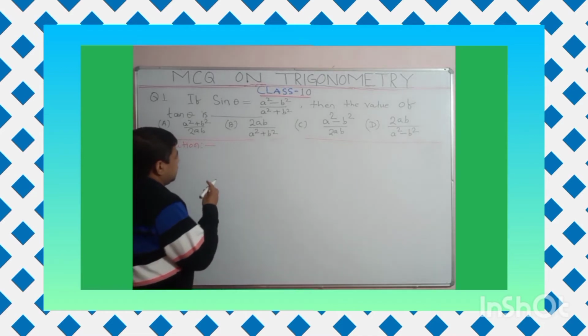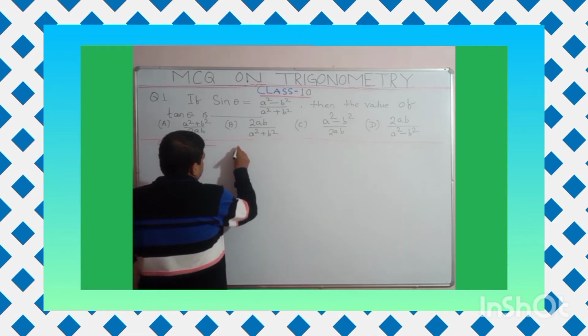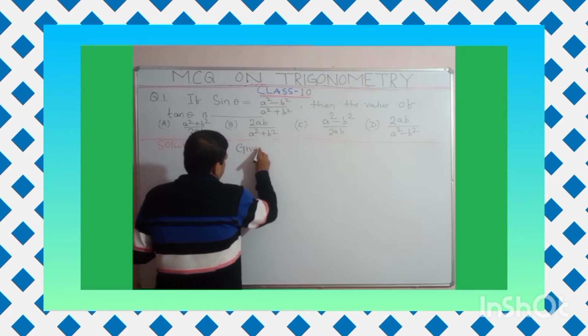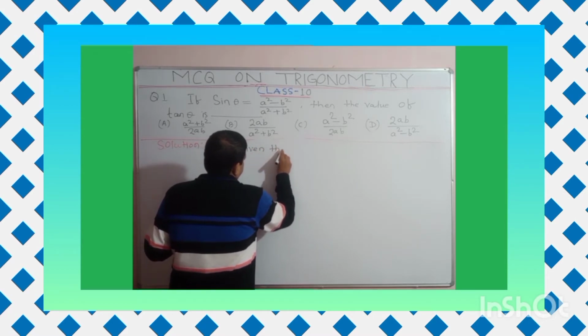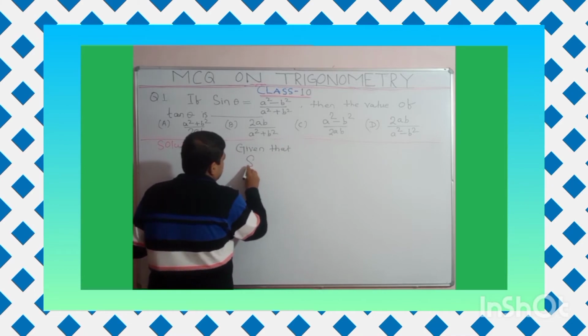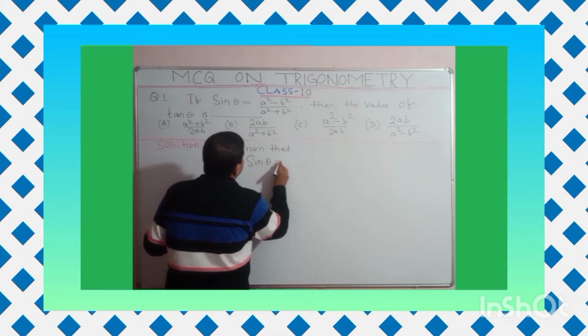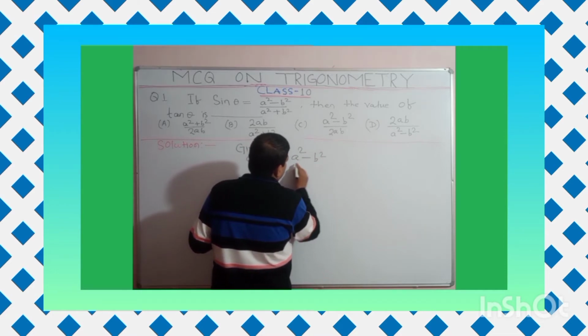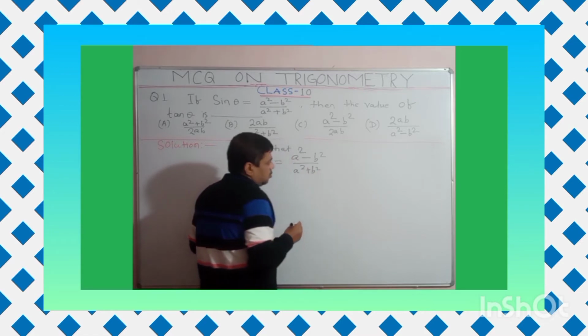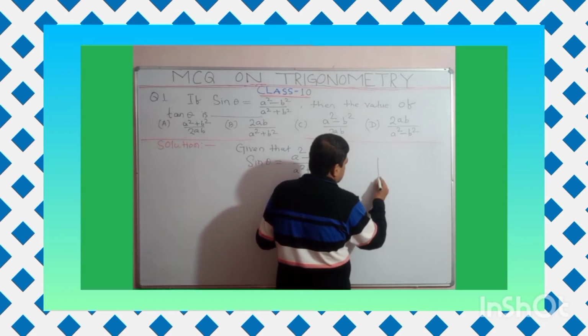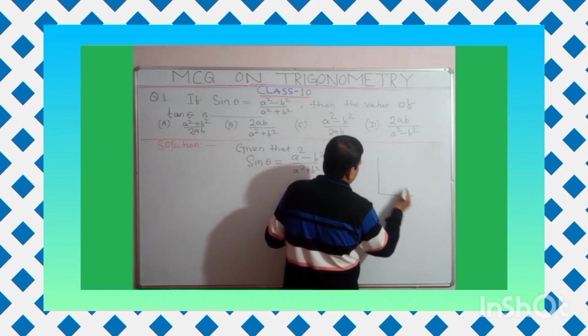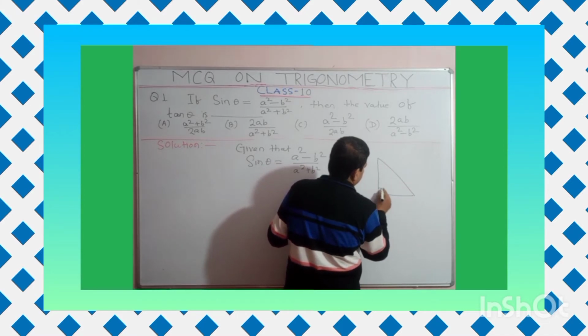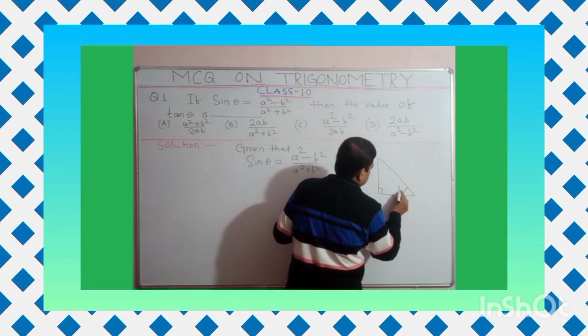Understand? Here it is given that sine theta, one trigonometric ratio, is equal to a square minus b square divided by a square plus b square. According to the formula of trigonometric ratio, suppose this is a right angle triangle and this is theta.